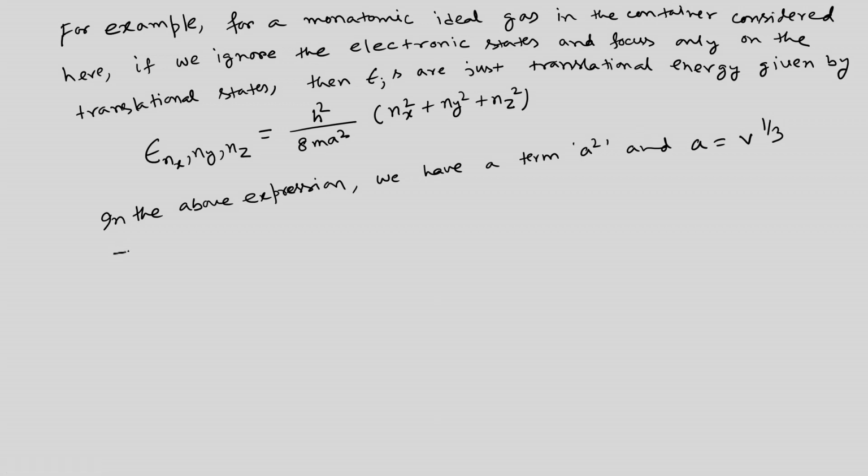So it depicts the volume dependency of Ej. So now we know how Ej depends on n and depends on V.